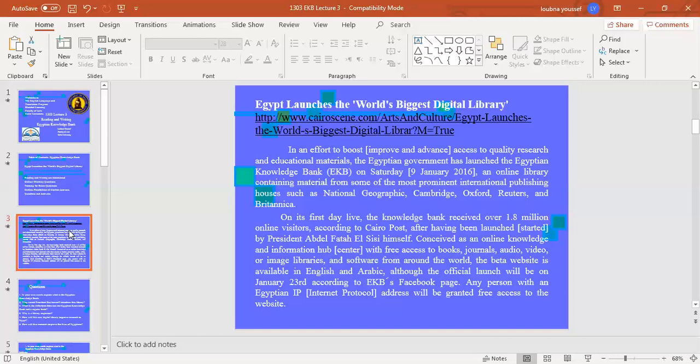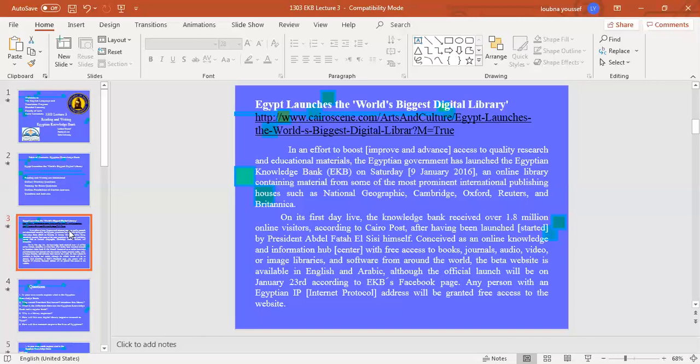Conceived as an online knowledge and information hub, now you know the word between square brackets is my introduction, and the hub is a center with free access to books, journals, audio, video, or image libraries, and software from around the world. The beta website is available in English and Arabic, although the official launch will be on January 23rd, according to EKB's Facebook page.